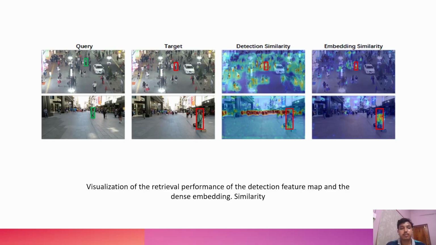The query is a pedestrian target, and the target is the feature maps that we have extracted, and we have calculated the detection similarity and the embedding similarity using the cosine similarity and this other paradigm of embedding. Using the TPR, the true positive rate, and the false alarm rate, we have seen that the visualization of the retrieval performance is quite similar, as expected. So the JDE, that is joint detection and embedding, is performing very well and as expected in real time.